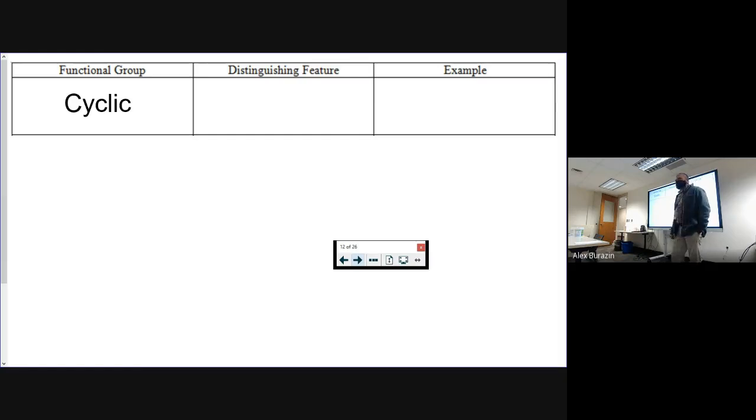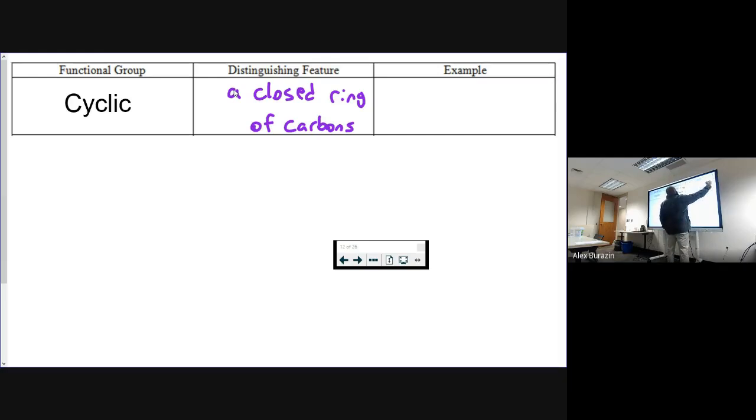Cyclic molecules. A closed ring of carbon.